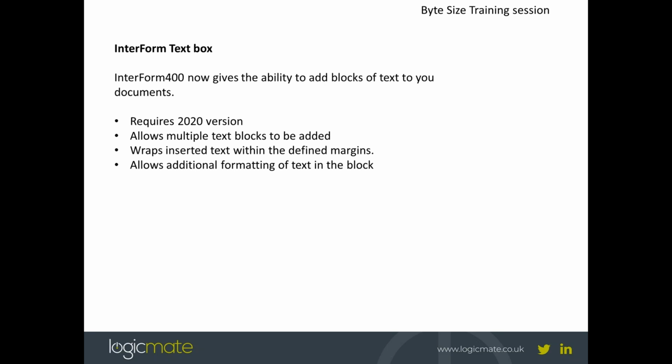It then allows you to additionally change the formatting of the text within the block. So you can highlight certain words and say, I want this to be bold or underlined, or in a different font. So it's a really neat feature, and I thought it would be a great one to show you on a bite-sized training session.